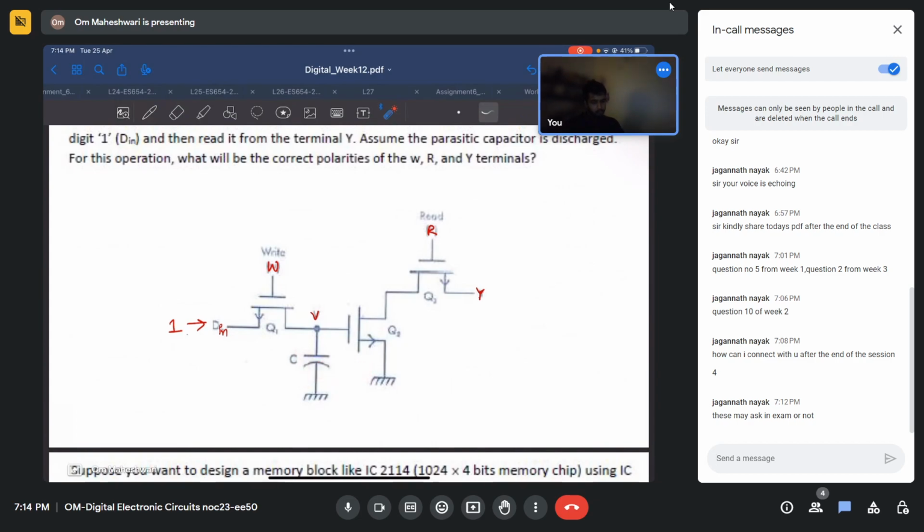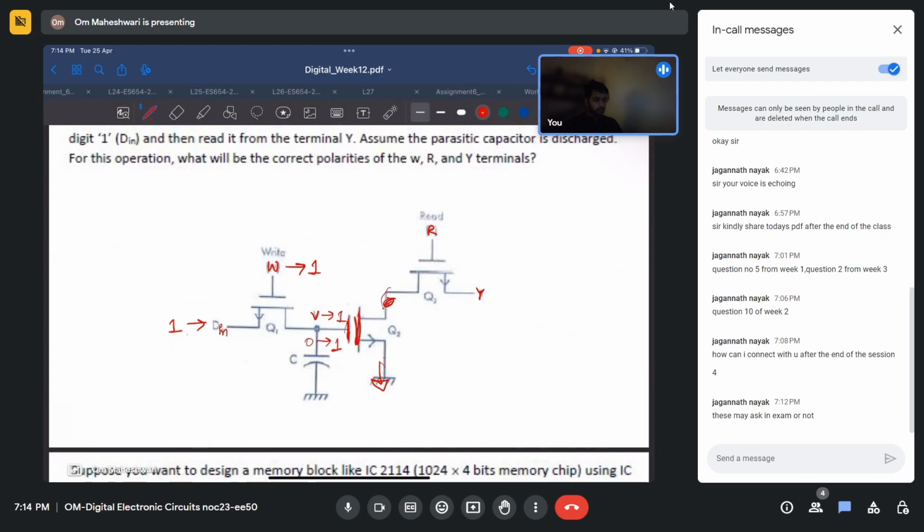So to do that, you need to change W to 1, then V will change from 0 to 1. Right? If this is charged, initially it was 0, now after charging it will go to 1. Now if this is 1, this gate is turned on. So it is like your ground is now shorted here.